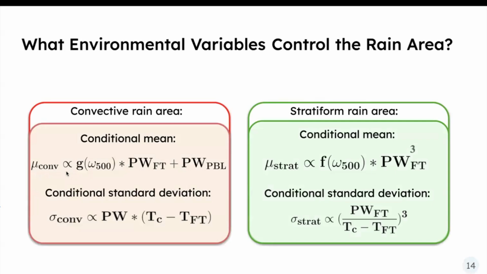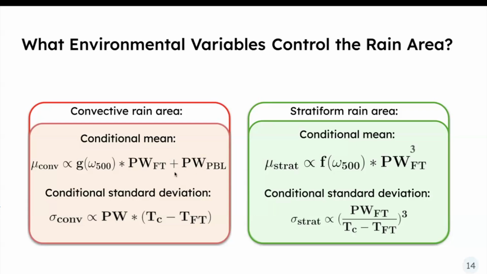The way I'm doing this is computing those means from my conditional distributions, and then using equation discovery to connect my larger scale variables to those means and standard deviations. And it's doing pretty well. The R squared for the convective component is about 0.8, and the R squared for the stratiform component is about 0.9, or it gets to 0.994 as well.